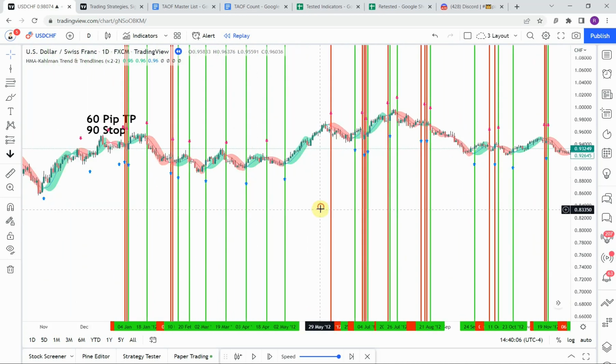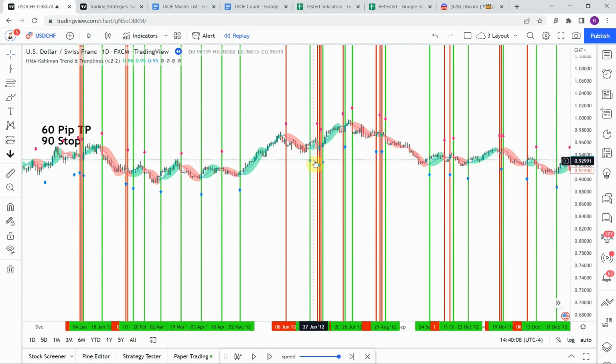And so those clusters of losing trades really do eat away at the overall win rate of indicators like this.